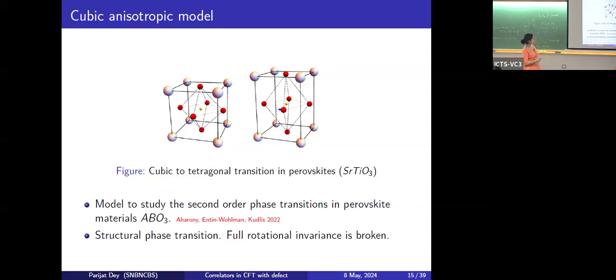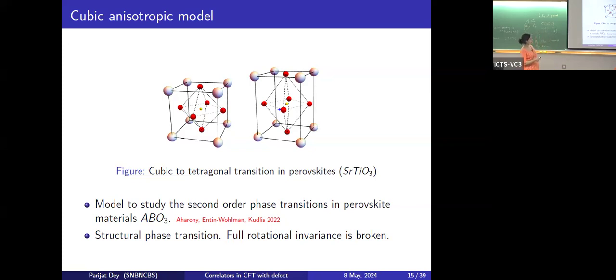So this is the unit cell structure of the perovskite, and this is the structure for strontium and titanium. So A is strontium and B is titanium, and in this unit cell structure the strontium sits at the corners of this cubic lattice.